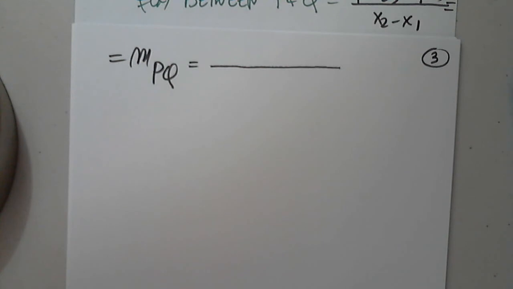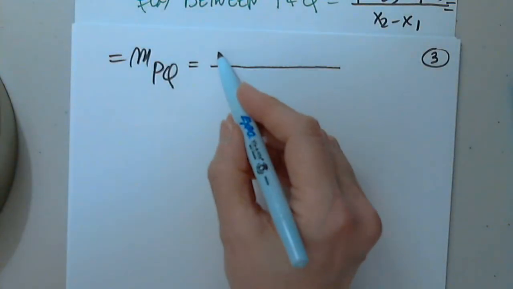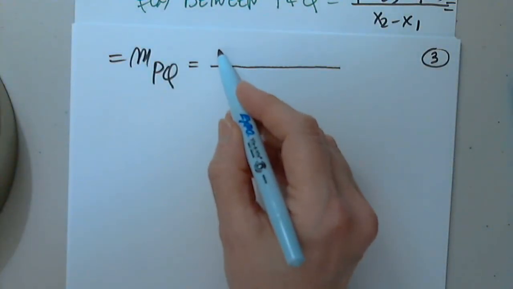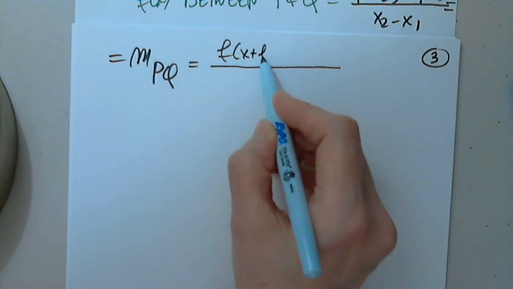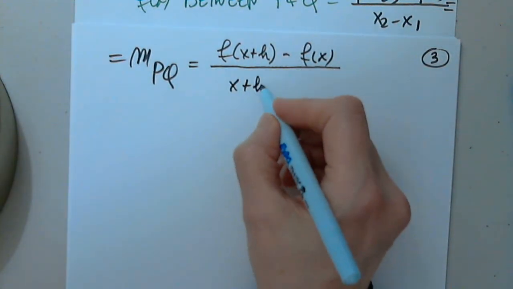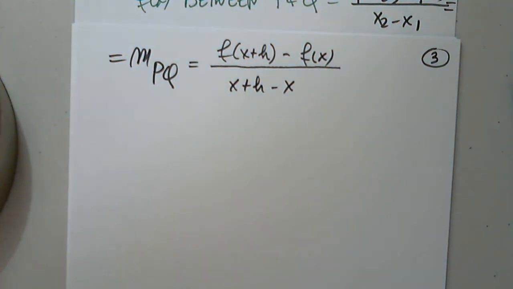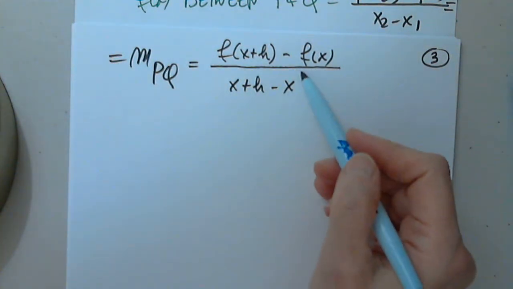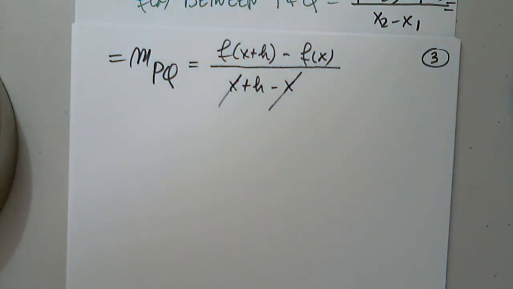Can anyone dictate? So would you have f of x plus h minus f of x? Excellent. Over x plus h minus x. Brilliant. Thank you very much. You notice that I can simplify these two, positive and negative.